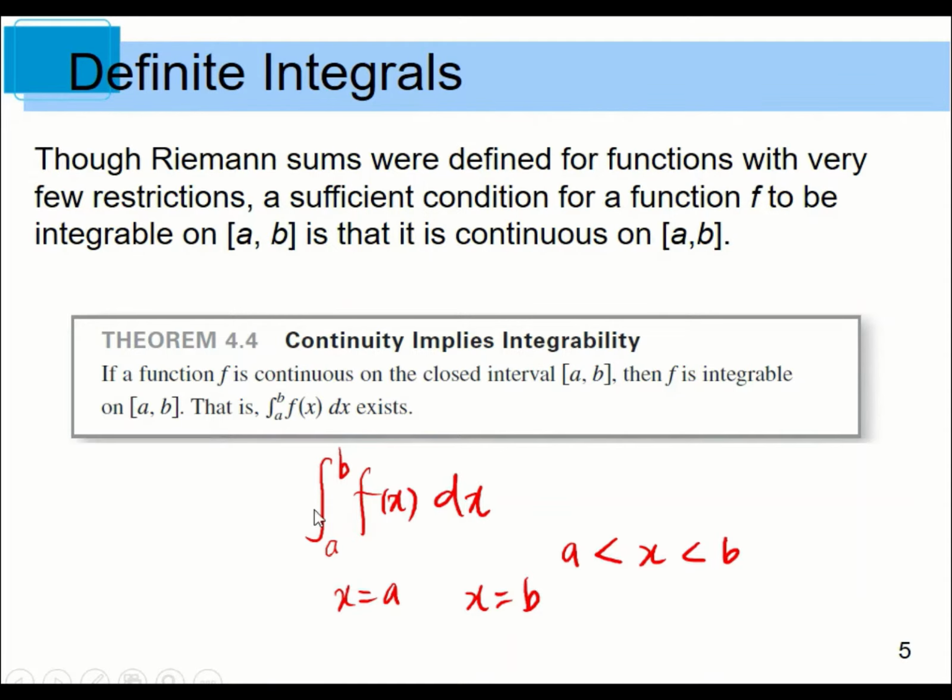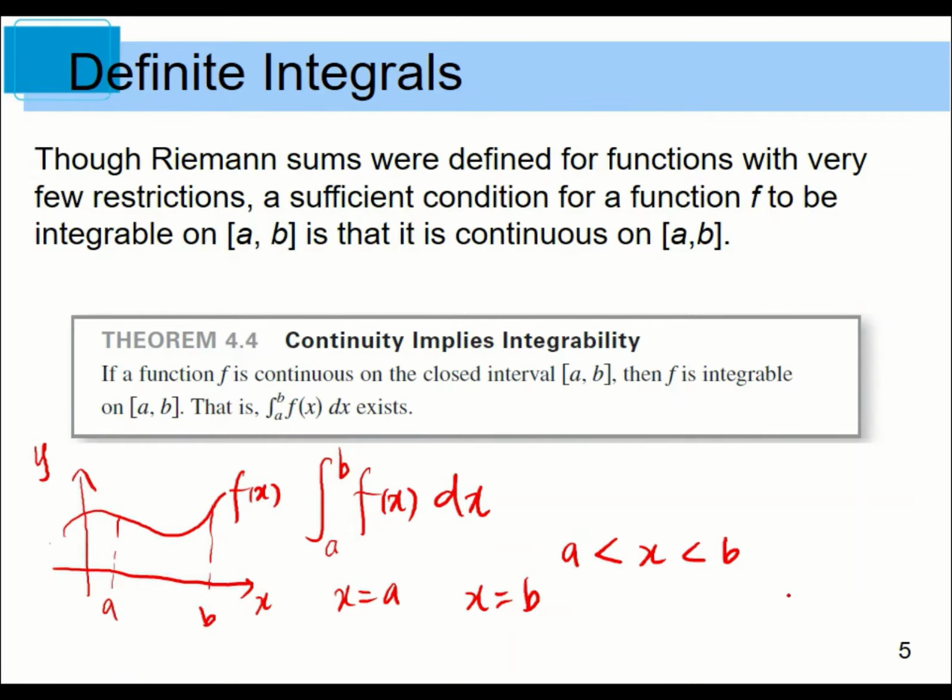It means that when we have a function which is continuous within this interval, for example, let's say we have a function f that is continuous on the closed interval a, b, then this function is integrable. So we can integrate the function f.